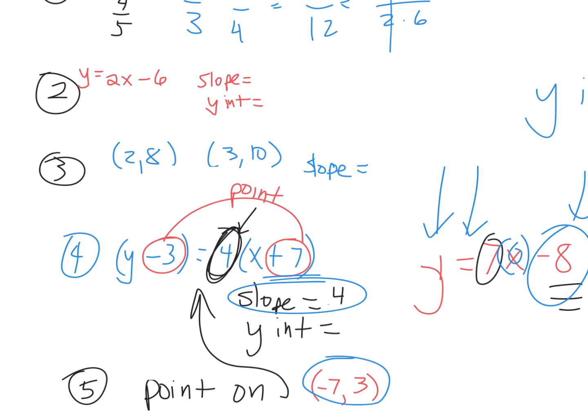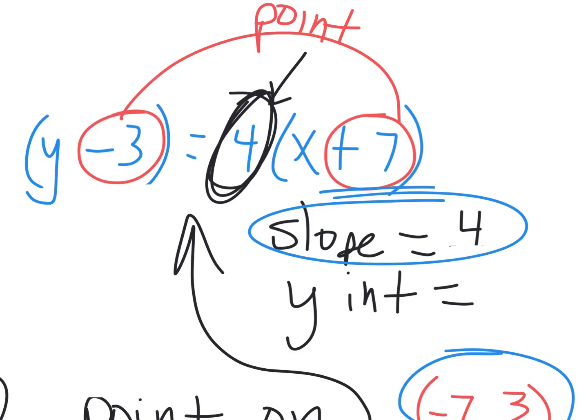Okay, so I'm going to go back to this equation, and I asked you for the y-intercept of it. And if you had known that the y-intercept is where x is 0, you'd put a 0 right here, and then you'd be able to figure out what y is. Y minus 3 is 4 times 0 plus 7, and 0 plus 7 is really 7, and so then 7 times 4 is 28, so y minus 3 is 28, and then what would y have to be? 31.